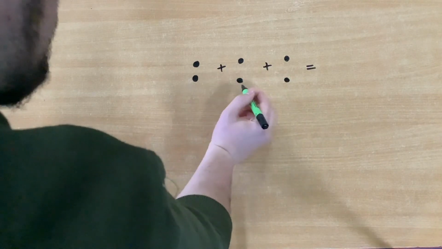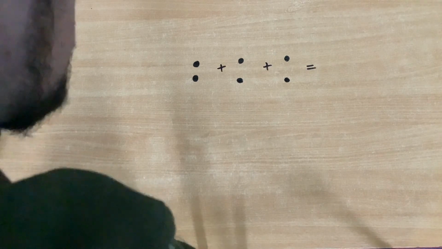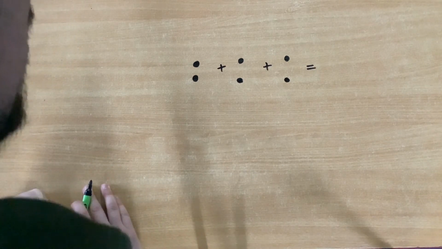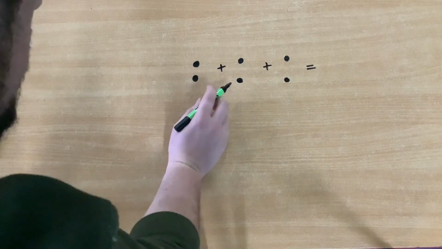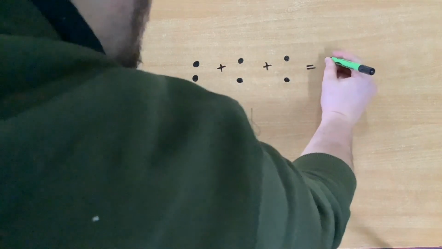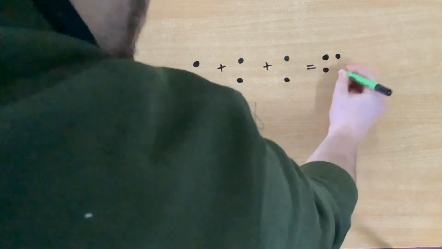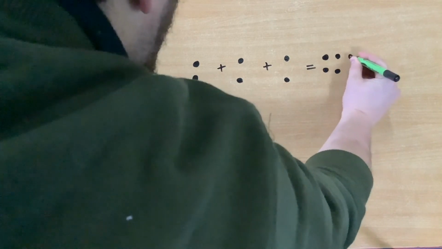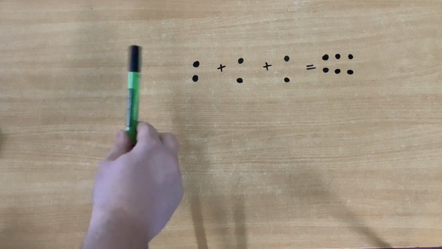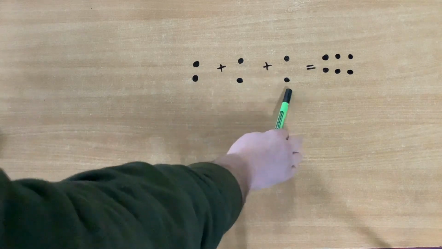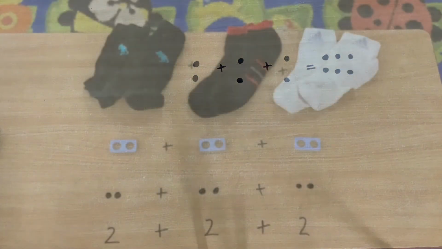See, there's 1 group, 2 group, 3 group, 2 dots in each group. How many dots have I got all together? Let's count them. 1, 2, 3, 4, 5, 6. So 3 groups of 2 dots equals 6 dots all together.